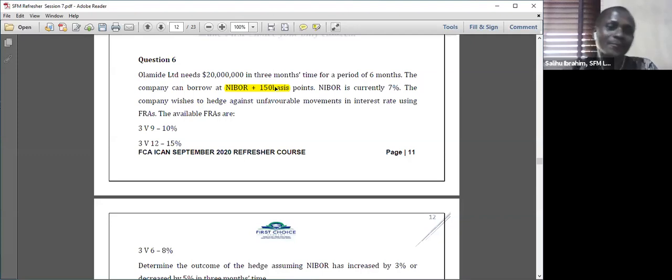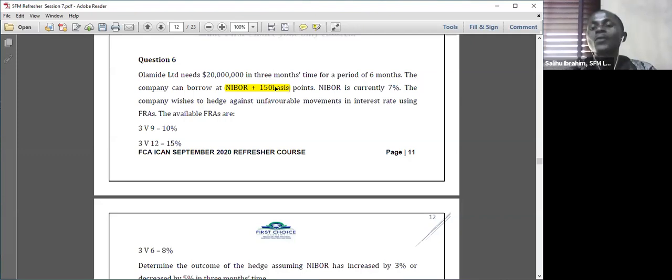What am I saying here? Assuming I want to borrow at a future time, I don't need the money now, but I need money, let's say in December, which is 3 months' time, for instance. But my fear is that interest rate will have increased on that particular date that I want to borrow, isn't it? That is my fear. So I can approach my bank and say, I need this amount in 3 months' time, but I want to fix interest rate now that will apply to that future borrowing.